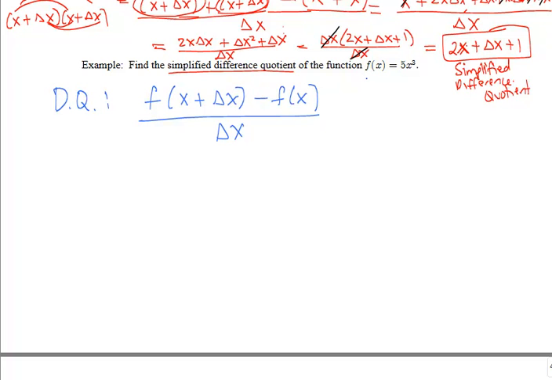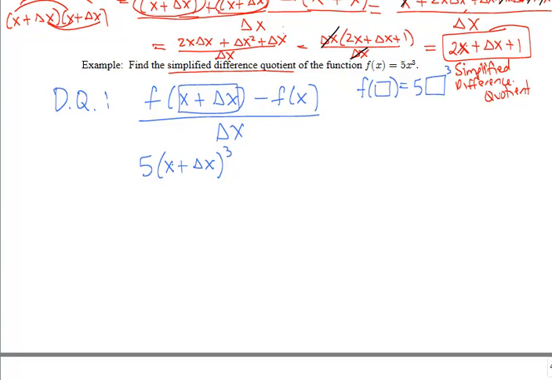So this time my function is f of stuff is 5 times that stuff cubed. So for this first expression here, this is my stuff, x plus delta x. So we're going to put in this box x plus delta x wrapped in parentheses. So f of x plus delta x should be 5 times this x plus delta x quantity cubed.